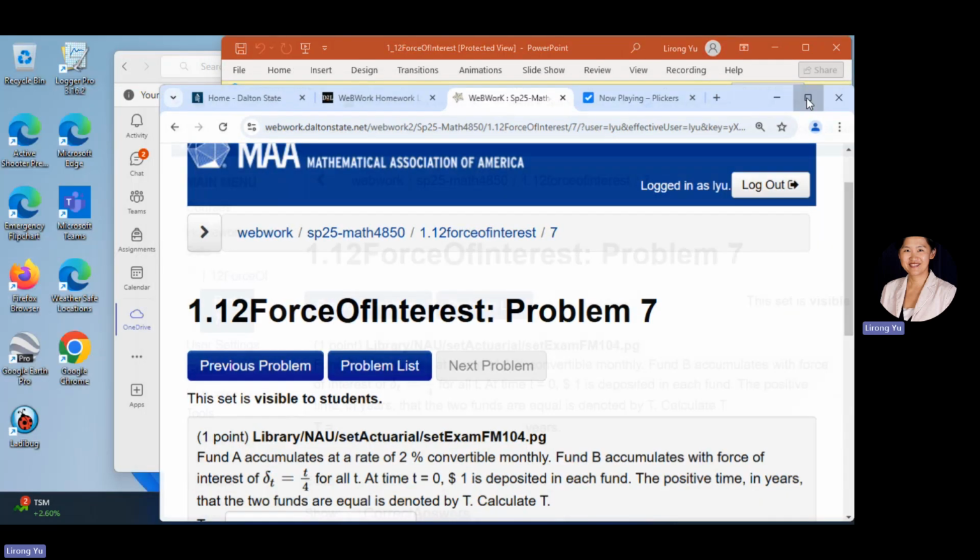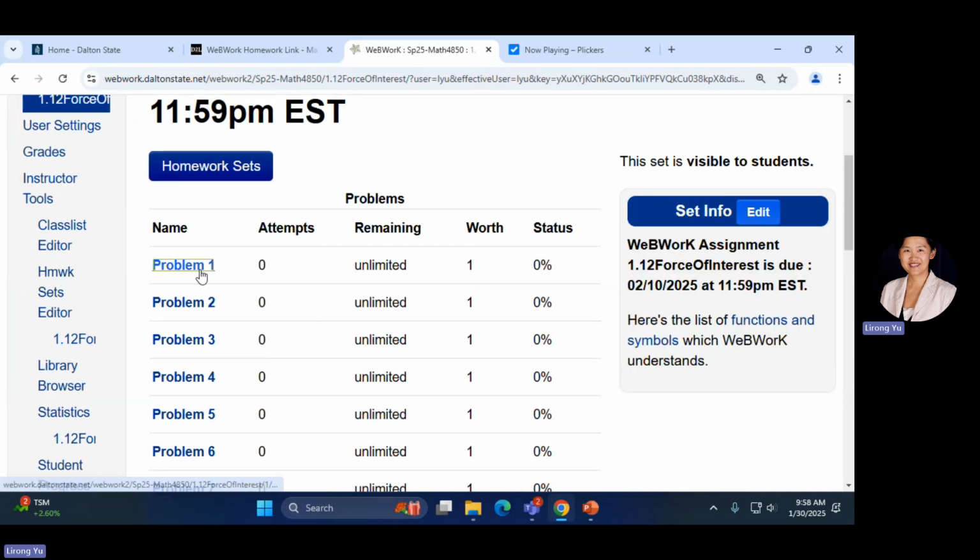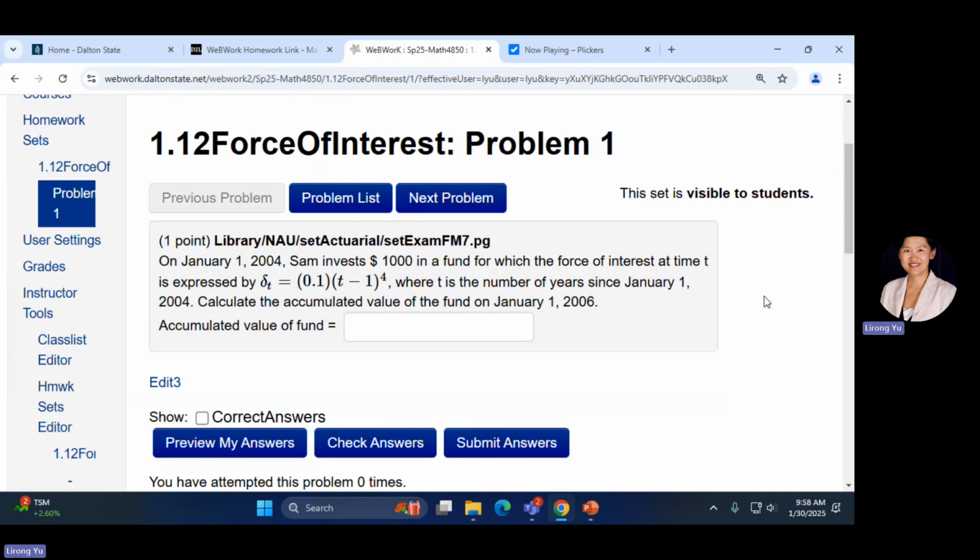Okay, so let's look at the first question on the homework assignment so we can have some practice over what we intend to do. All right, the process is similar to what I was doing on the board, and you have the force of interest function, delta t, given. T represents the time since January 1st, 2004.